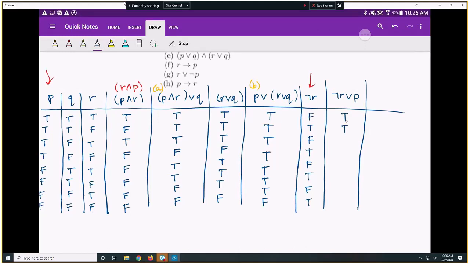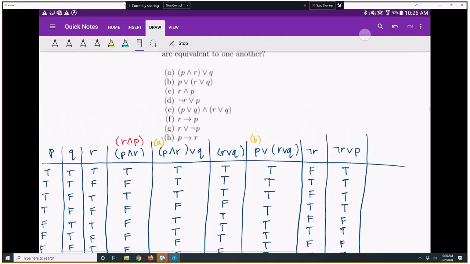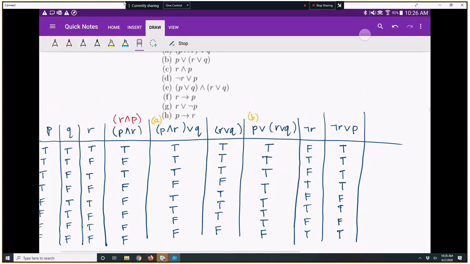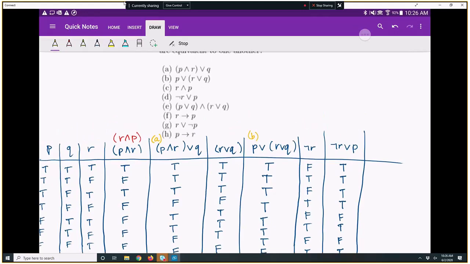So I have true, true, true, true. Then I'll have false, true, false, true. Letter E, so let me go ahead and make note, this is D and this is C.